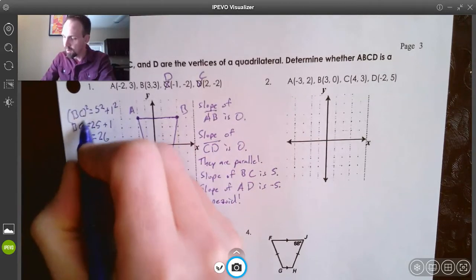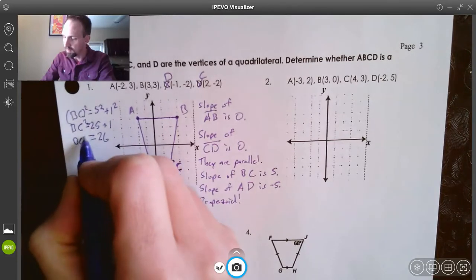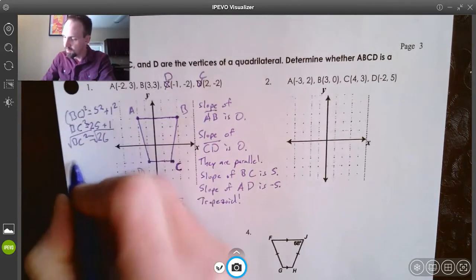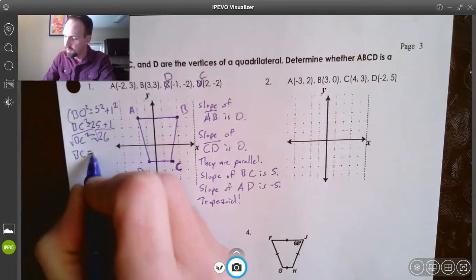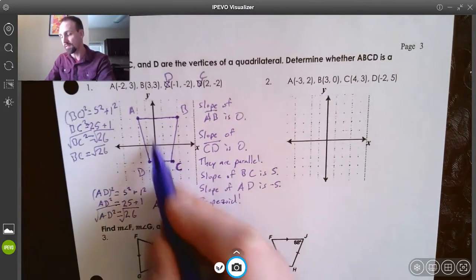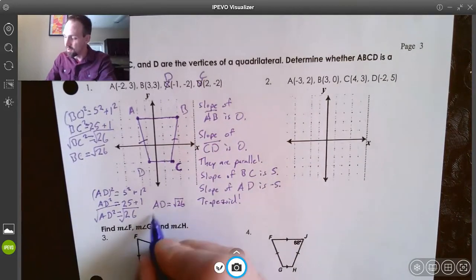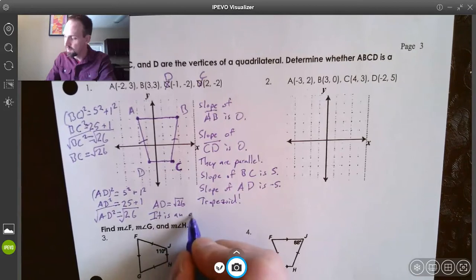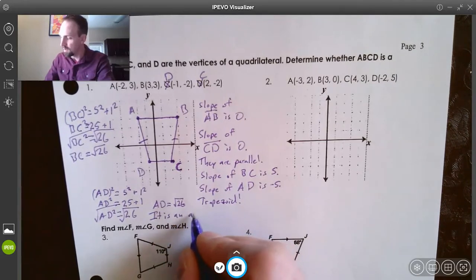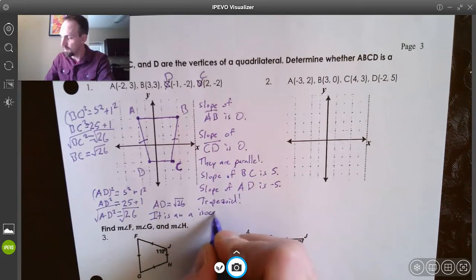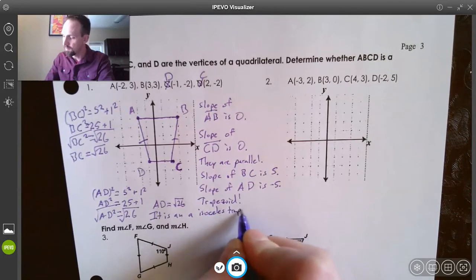So now if I take the square root of both sides, I get the square root of 26 for the length of BC. And since those two lengths are exactly the same, I know that these two sides are congruent. So it is not only a trapezoid, it is an isosceles trapezoid. So this quadrilateral is an isosceles trapezoid. Sweet.